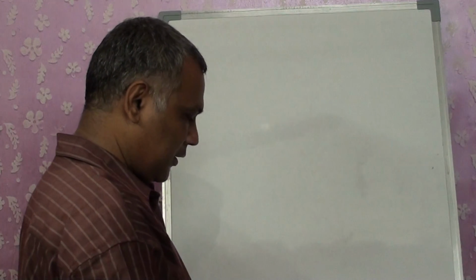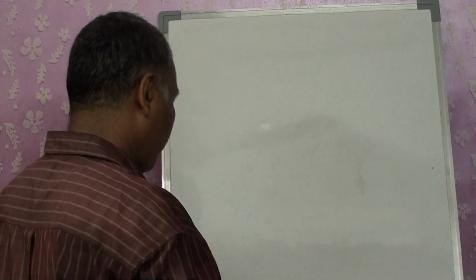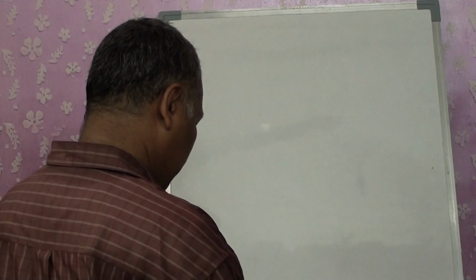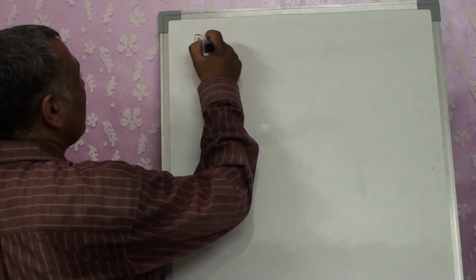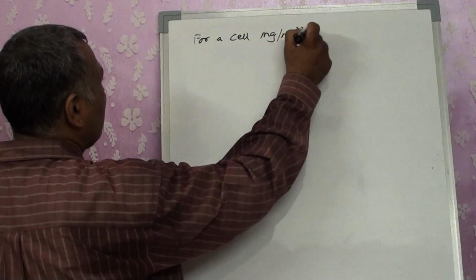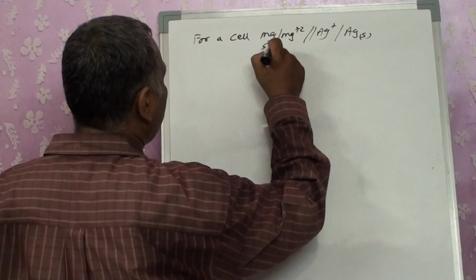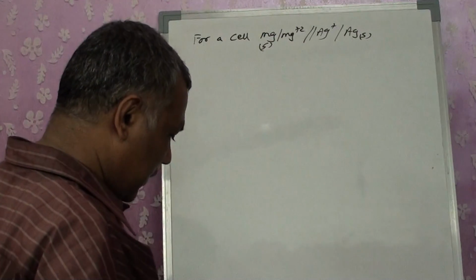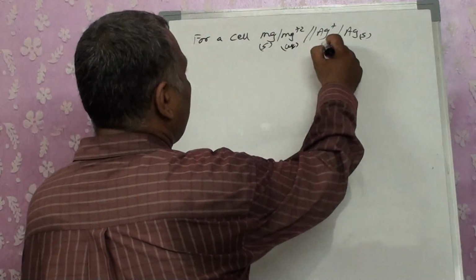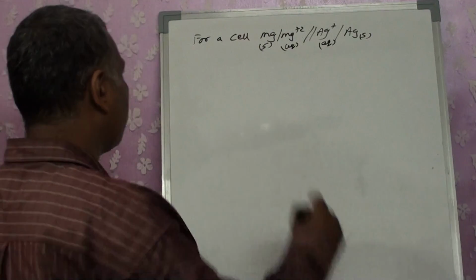Now the question that is given to us is for a cell Mg | Mg2+ || Ag+ | Ag. The concentrations are given as aqueous solutions; concentrations are not specified in the question.